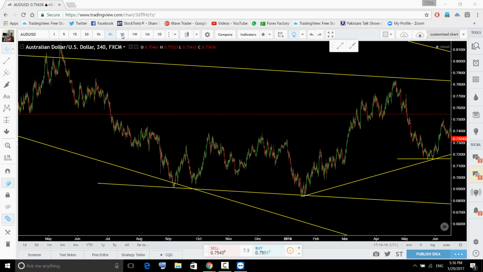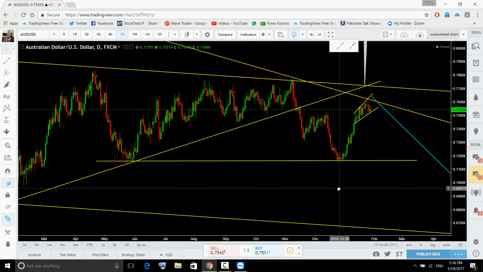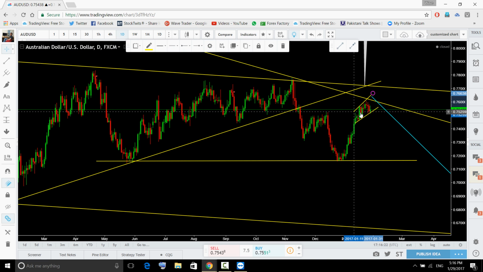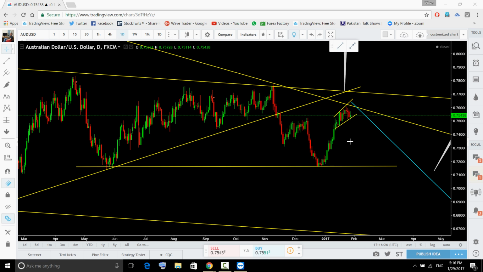Now, what can we look for on the lower time frame? We can see this up move is strong, looks like an impulsive move to the upside, and it has momentum.